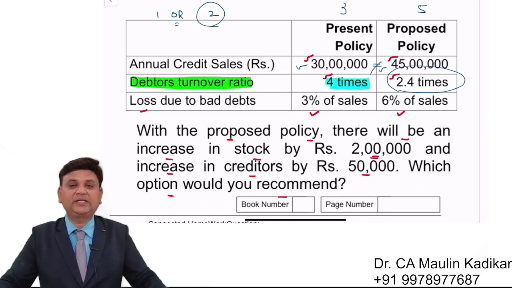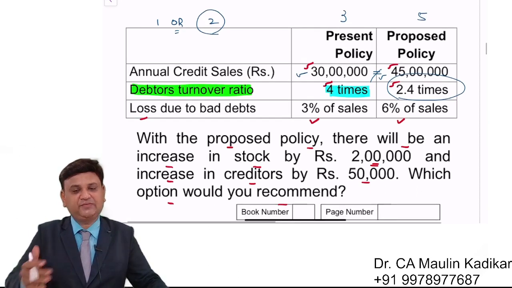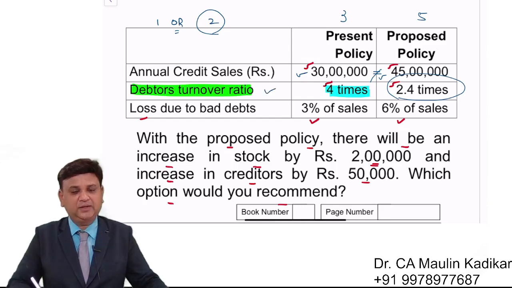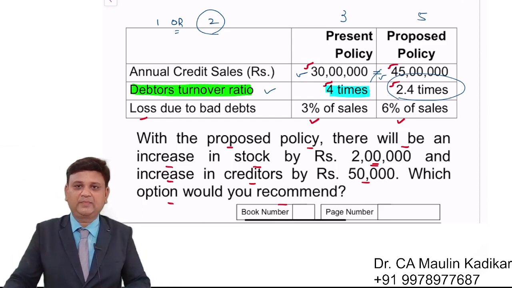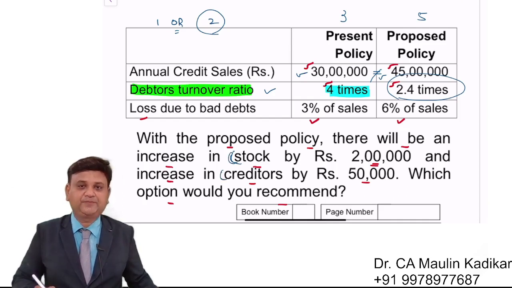What is the new point in this question? Anybody can tell me? Apart from the points we have discussed, wherein the debtors turnover ratio is a new point. Can you write in the chat box? So we understand that over here there is new information about the stock and about the creditors.